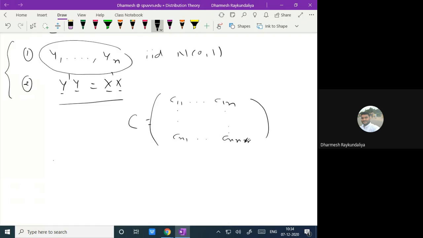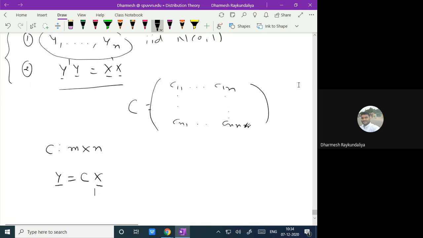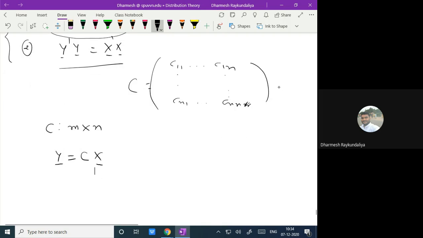And if C is a rectangular matrix of order m cross n, and you are trying to find the transformation y = Cx, where C is m cross n, such that CC transpose, whose order is m cross m, is the identity of order m.